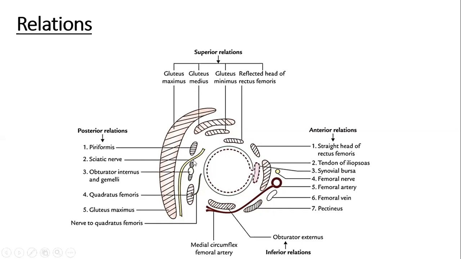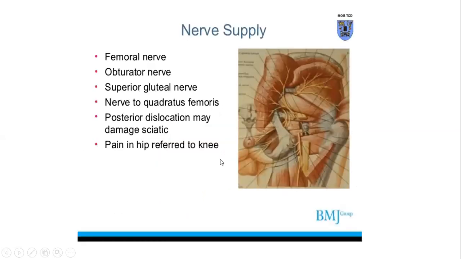This is often asked in the exam questions, not only in the first year MBBS, but also in the second year MBBS examinations. So this was all about the relations of the hip joint.